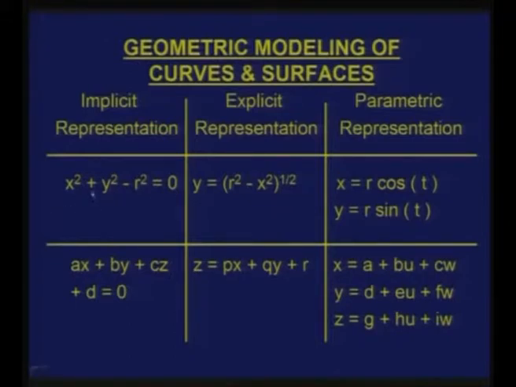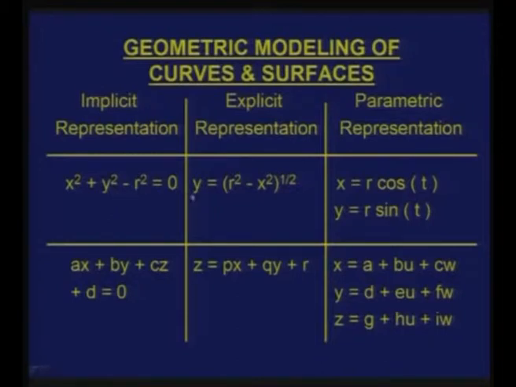For example, what you see here is an entity like a circle, which is represented in all three representations. In an implicit representation, I can have an equation like x square plus y square minus r square equal to 0, where a curve is represented as a function f of x, y equal to 0.